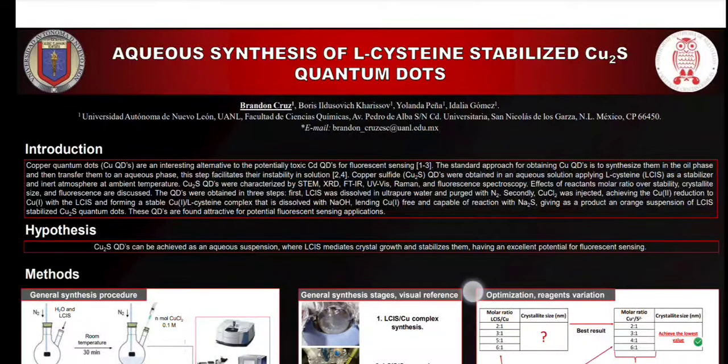Copper quantum dots are synthesized in an oil phase and then transferred to an aqueous phase, which can facilitate their instability as suspension. In this work, copper sulfide quantum dots were obtained in an aqueous solution using L-cysteine as a stabilizer in Earth atmosphere at ambient temperature.